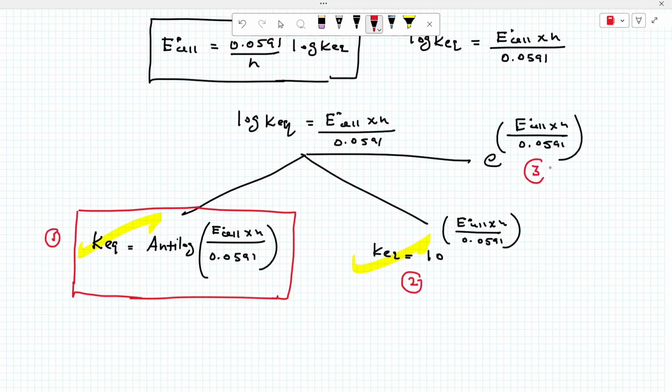If the answer is a number like 1.2 something, use the first formula. Understood? Maximum, the first two formulas they will ask in the exam. Important, please note. Very important equilibrium concept.